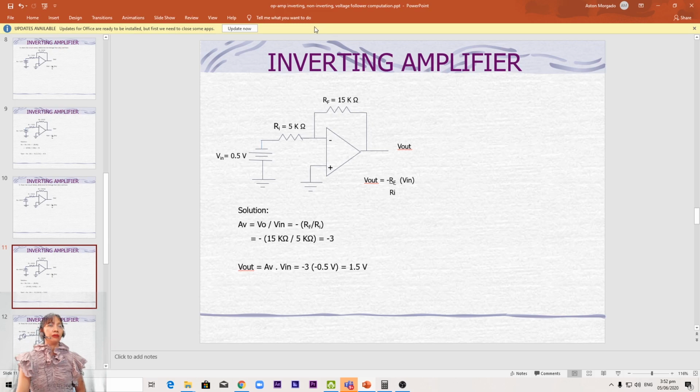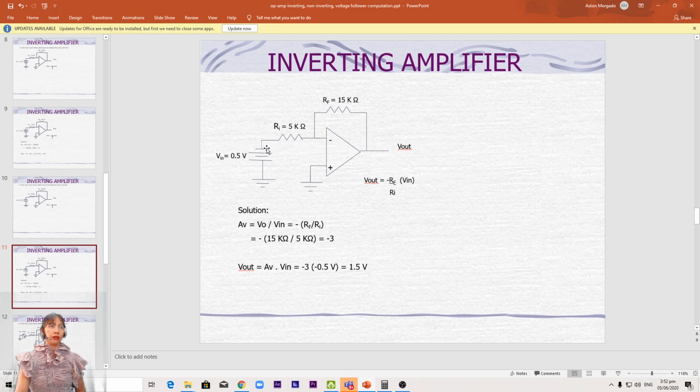Okay, this is the solution now. AV is V out over V in is equal to negative RF over RI, so 15K over 5K, so we have a voltage gain of negative 3. What would be your output? AV times V in: negative 3, but we have an input of negative 0.5. Why negative? Because the negative polarity of the supply is connected to the negative input.